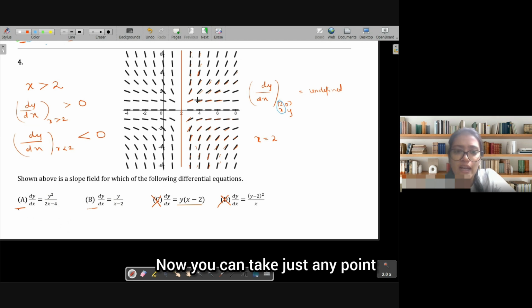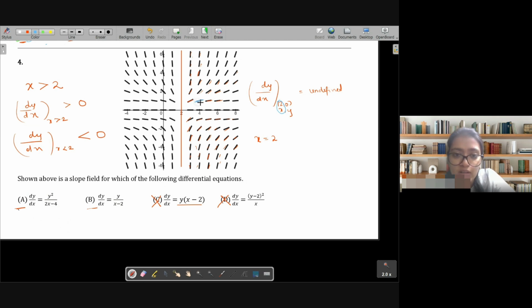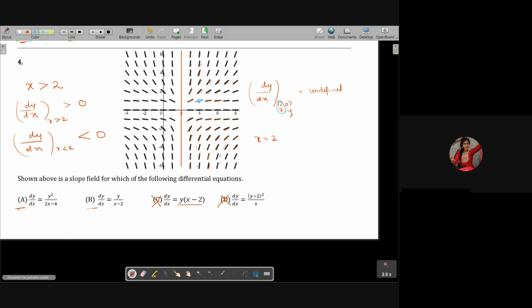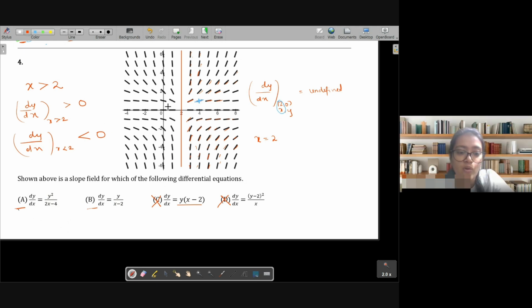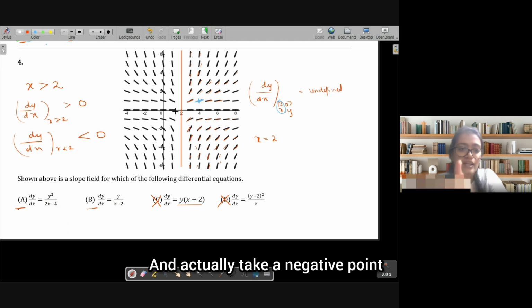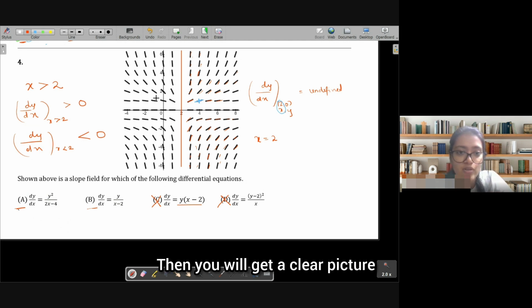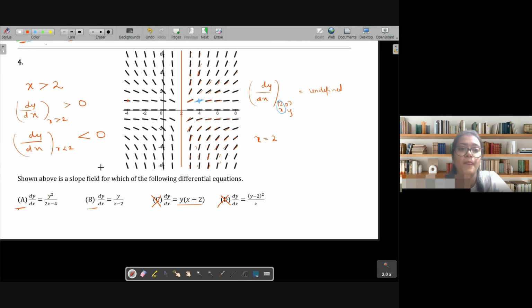Now you can take just any point, like literally any point. Take this point. This point is 4 comma 1. And actually take a negative point, then you will get a clear picture. So if you take this point, this is negative 4 comma 1.